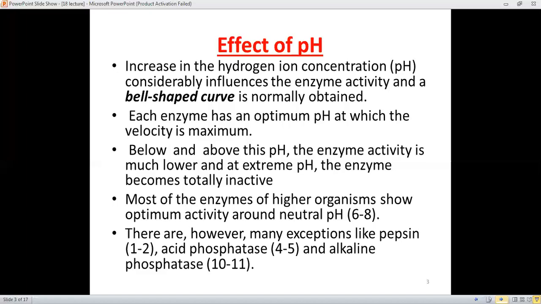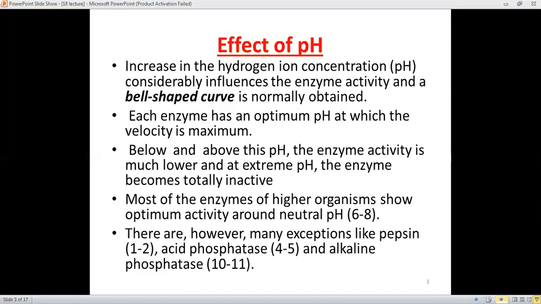And therefore, between this 6 to 8 pH, the enzyme activity is higher, and you can also guess from this phenomenon that the pH of the metabolic system, like the pH of muscles and the pH of blood, is around 7.4, and at this pH, most enzymes display their optimum activity.